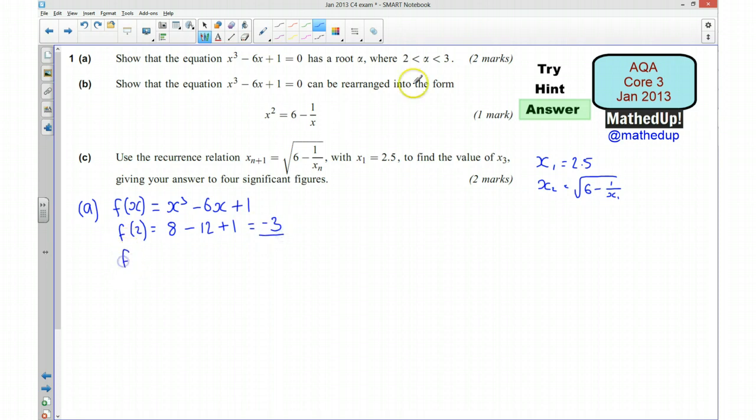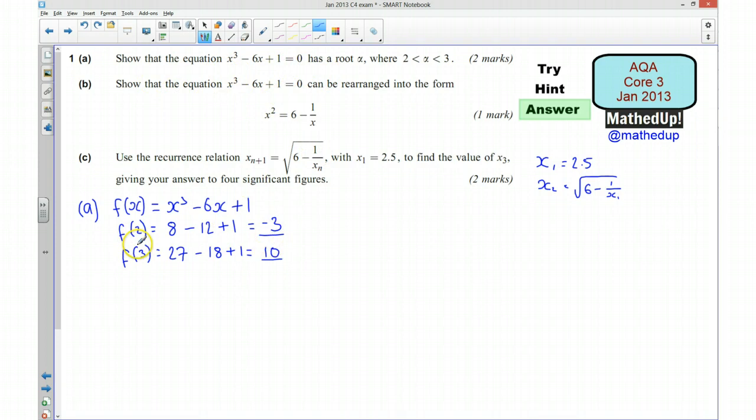And I'm also going to put 3 into this function, which gives me 3 cubed, which is 27, take away 6 lots of 3, which is 18, plus 1, which gives me 10. Okay, so as you can see, there's been a change in sign.